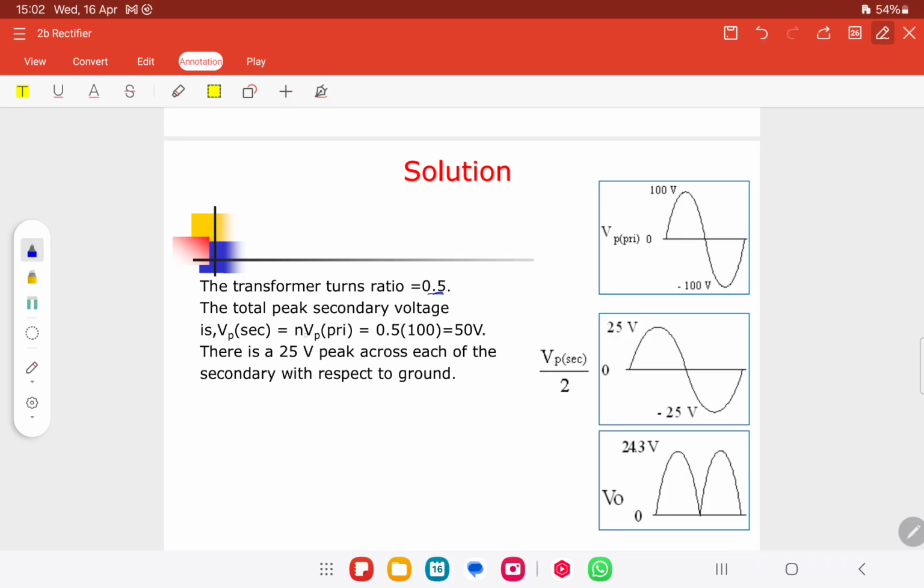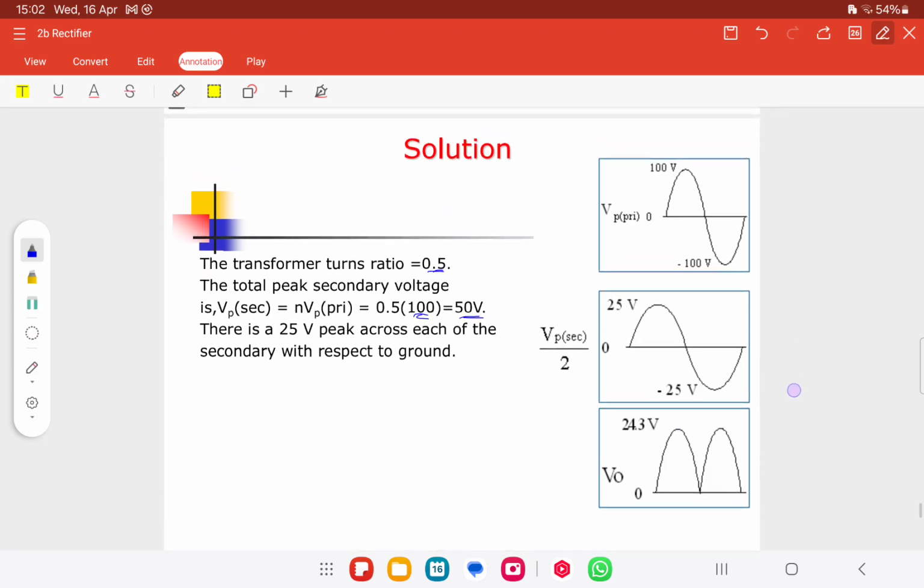If the primary is 100, then in the secondary the supply will be half of the primary. If it is step up, 1 to 4, then you need to multiply by the ratio. So this is the primary 100 min and max.